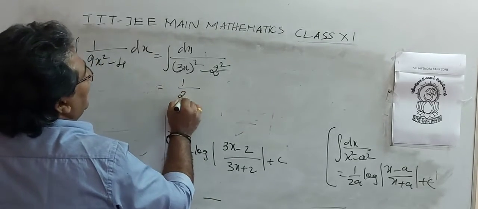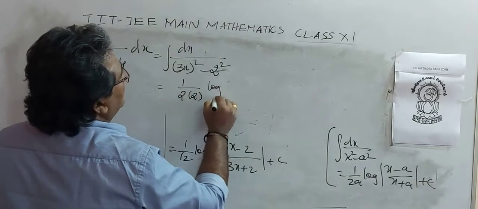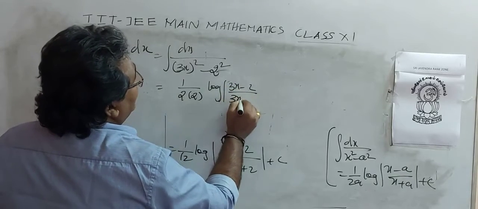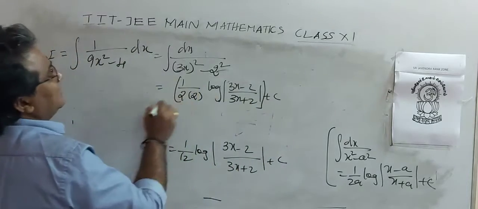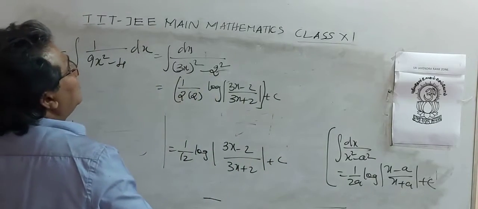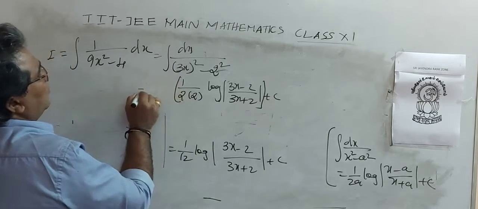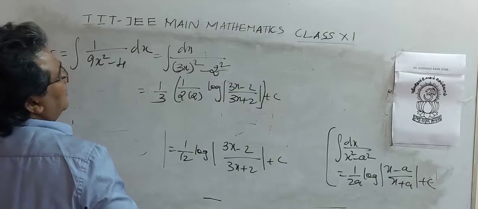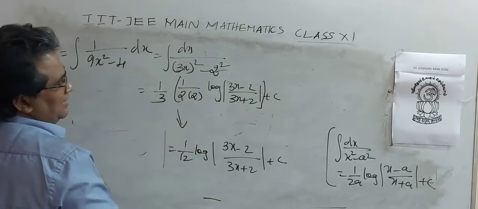That gives 1 by 2a, that is 2 into 2, log (x minus a) by (x plus a) plus c. Since we have the coefficient 3 beside x, we have to apply 1 by 3. Then 2 into 4, 4 into 12, you get the same result.